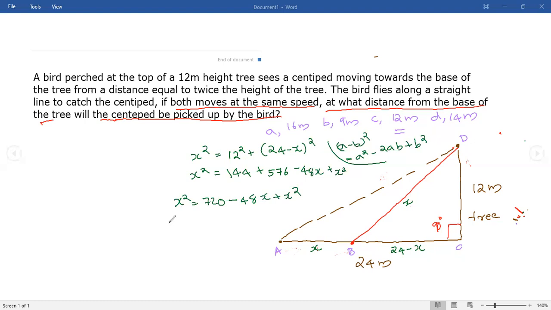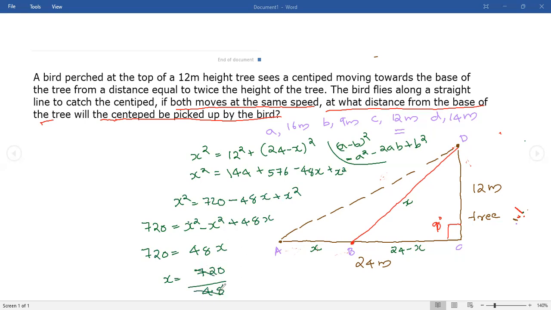So 720 is equal to, we can move this X square here, that is minus X square. X square minus X square cancels, leaving 48X. So 720 is equal to 48X. So X will be equal to 720 divided by 48.